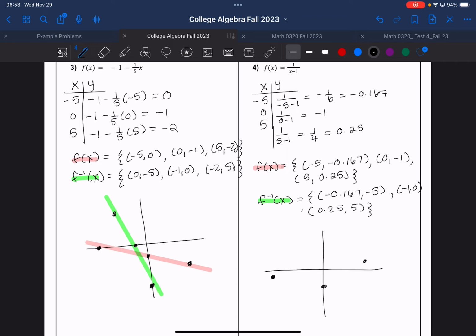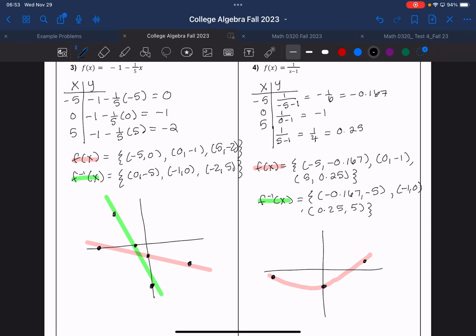So notice, looking back at our original equation, we have the x in the denominator. So is this linear? No. So notice how our graph has some curve to it. So don't just try to connect those points. We're going to have some curve to it. Okay. So that means when we do our inverse function, we'll still see that small curve.